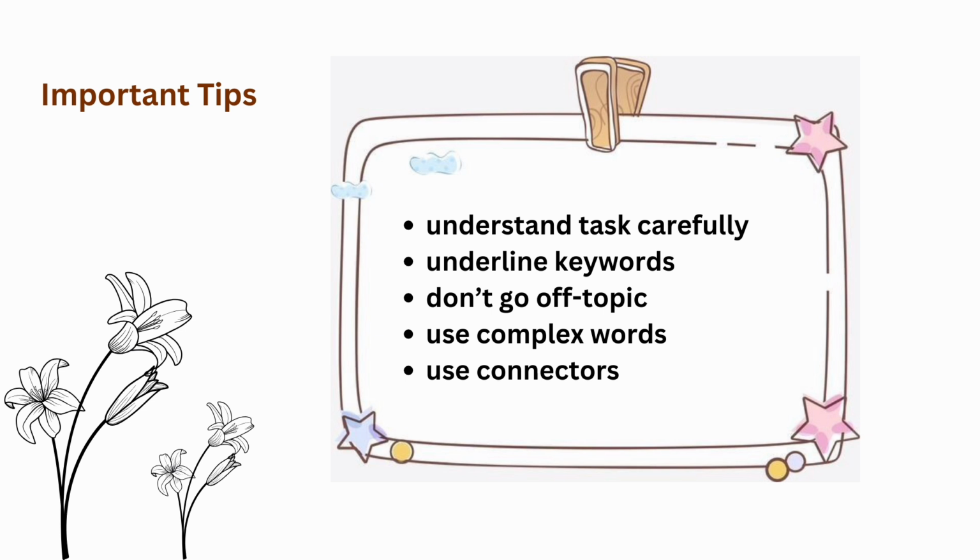For example, if the topic asks for advantages and disadvantages, but you only write your opinion, then you will lose points. And please try to use some complex words, not just the words that are used at A1 level. And please also use connectors to connect your sentences. These tips will definitely help you to get good marks.